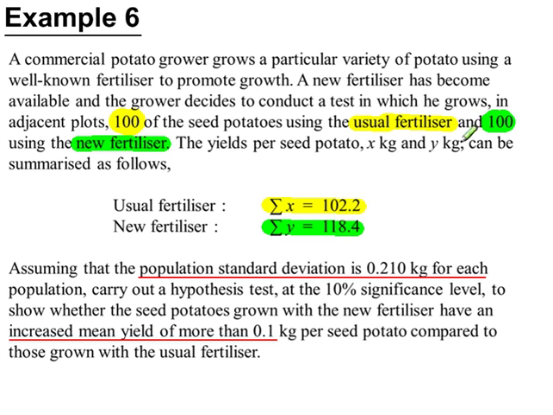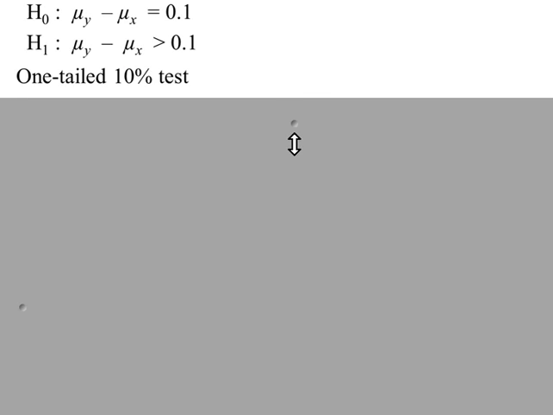To work out the means, we need to divide both of these by their respective sample sizes, so we're dividing by 100 each. And we're testing for increased mean yield of more than 0.1, so this value will be used. So the difference in the means is more than 0.1.